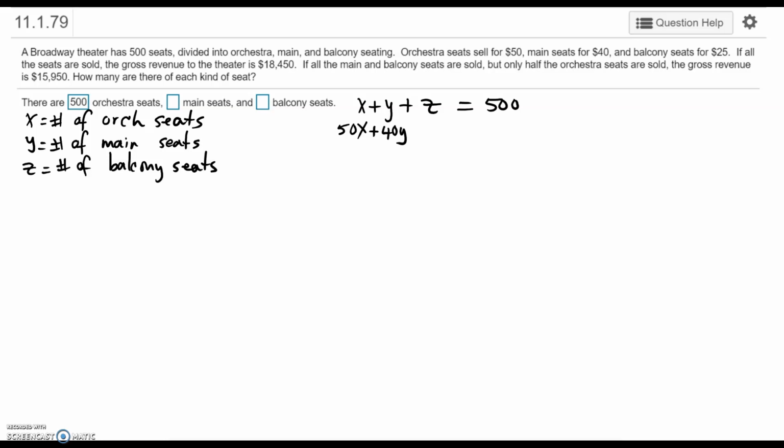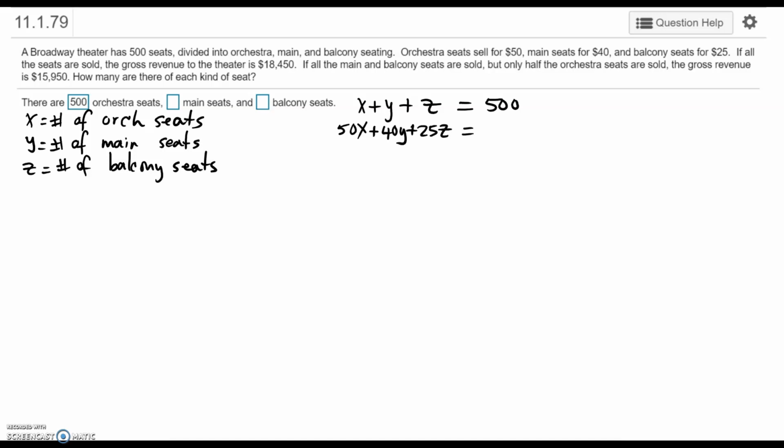So that's the total revenue so far for selling orchestra seats as well as main seats, assuming that all of the seats were sold. And then lastly, for the balcony seats, they're $25 each. So it's going to be 25 times the number of seats in the balcony.